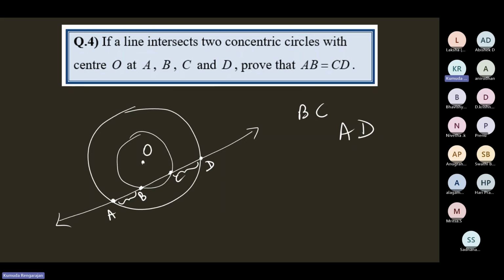Now in circles, the default construction is dropping a perpendicular from the center to the chord. So construction: draw OM, you can call it anything, I've called it M here. Draw OM perpendicular to BC or AD, it's the same line, no?